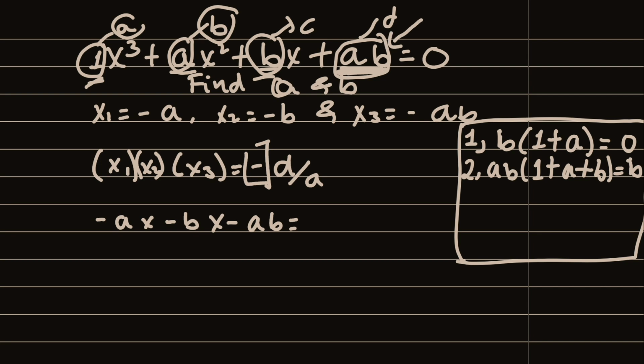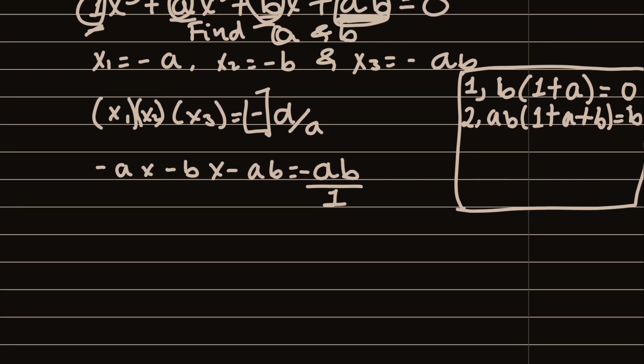So it will be minus ab over 1. Okay, so now it will be minus a times minus b times minus ab. Minus times minus, positive, times minus, it will be again negative.